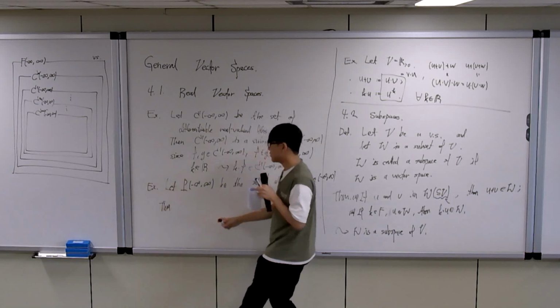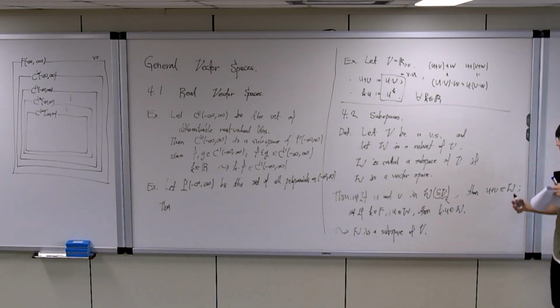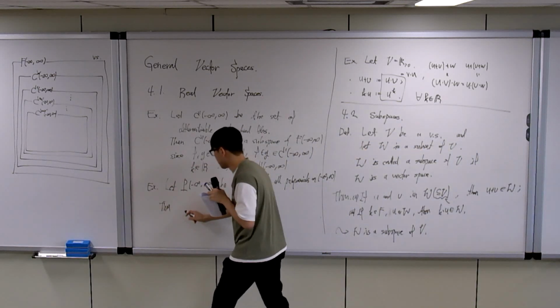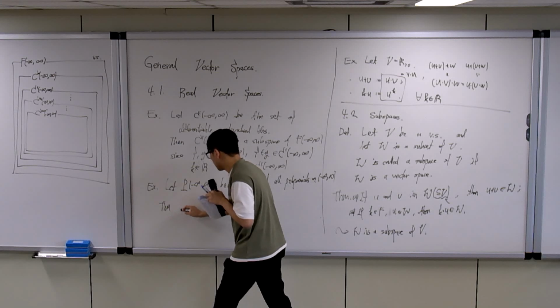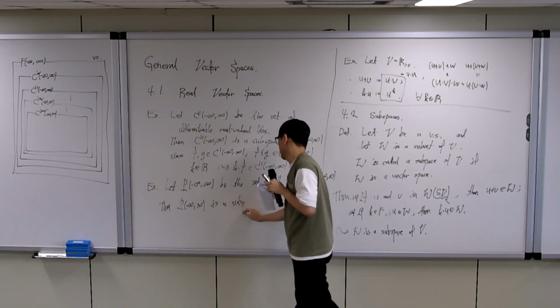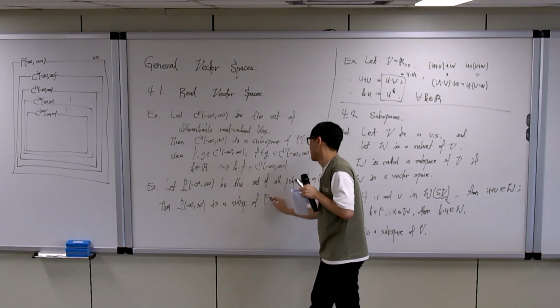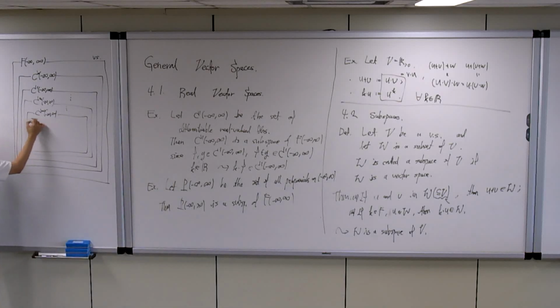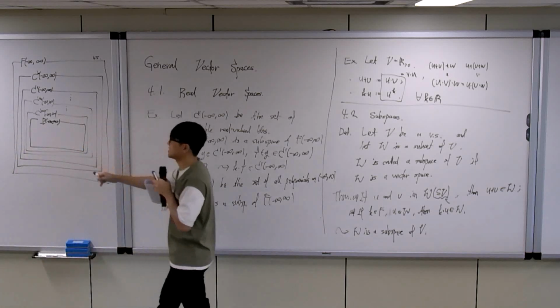Then, of course, polynomials have the closure property under the addition operation and scalar multiplication operation. So the polynomial space is also a subspace of the real valued function set, and it is a subset of C infinity, so it is also a subspace of C infinity.